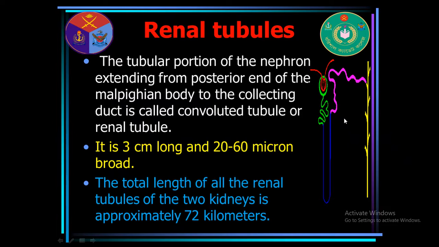The total length of all the renal tubules of the two kidneys is approximately 72 kilometers. The first part, in green, is called the proximal convoluted tubule, this U-shaped part is called the loop of Henle, this is the distal convoluted tubule, and this is the collecting duct.